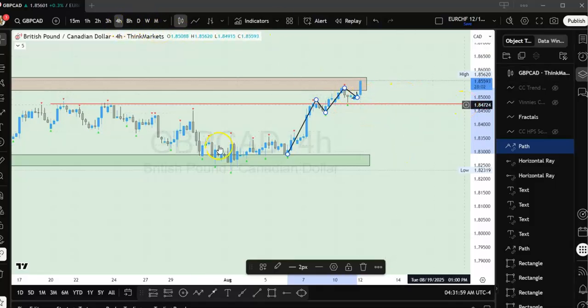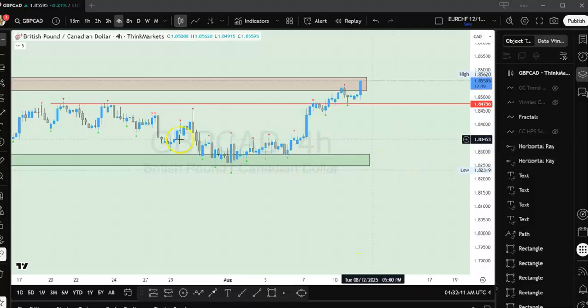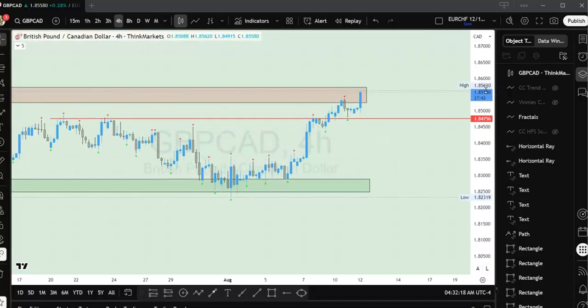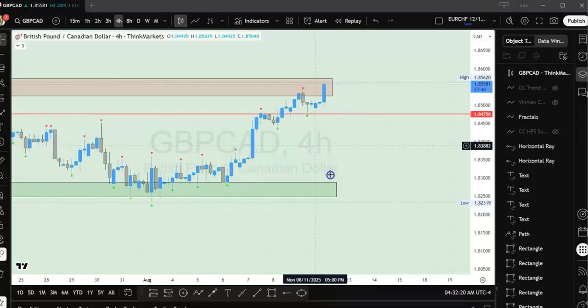So what do we look for? Buys. I usually like to take trades off of the 4-hour. If I want to trade this now, I'm going to do two things. I'm going to try to find a supply zone in this area on the most recent price action.